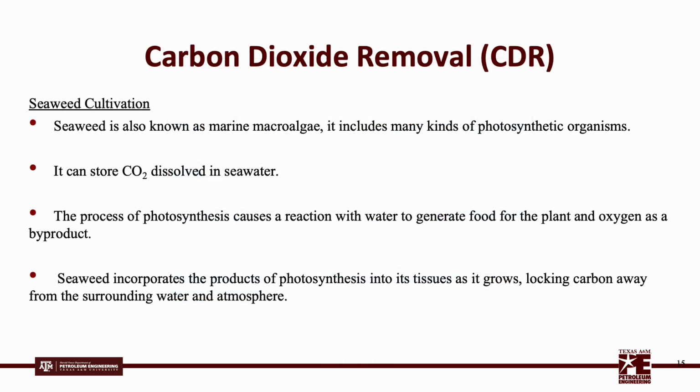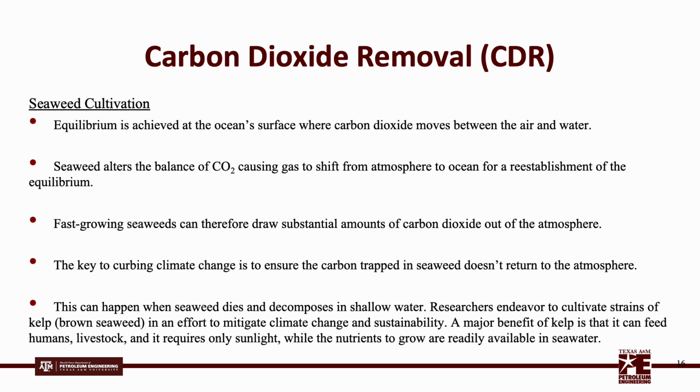Seaweed cultivation is also known as marine macroalgae cultivation. It can store CO2 dissolved in seawater. Seaweed incorporates the products of photosynthesis into its tissues as it grows, locking carbon away from the surrounding water and atmosphere.